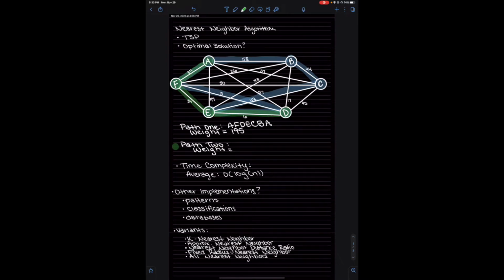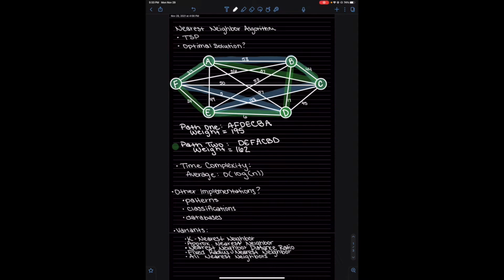We'd have to go to A. We got C and B left again, which it looks like is 58 and 37, so we'll take 37. B is our only unvisited vertex, and then we have to go back to our original city. So for this one we did D, E, F, A, C, B, D, which if we were to add up all the weights for this one, we get 162.